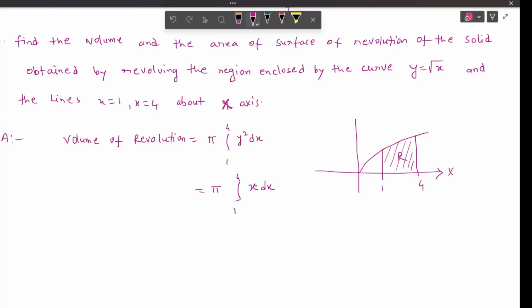And what is integration of x dx? This will be x square by 2. So pi into x square by 2 from 1 to 4. If you put the value, it will be 16 by 2, that is 8, minus half. So 8 minus half, that is 16 minus 1 by 2, that is 15 by 2. So it would be 15 pi by 2. This is the answer.